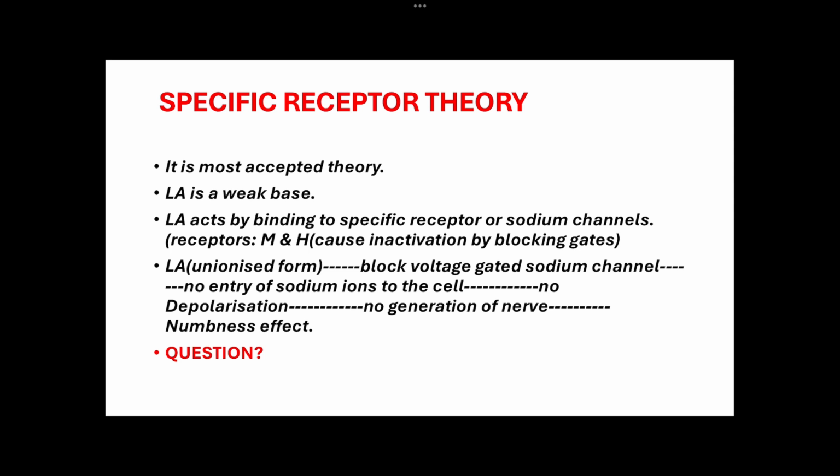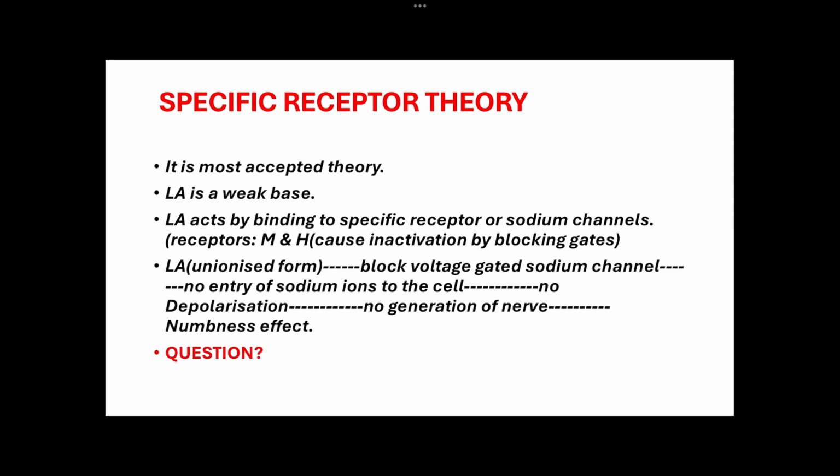LA acts in its unionized form. It blocks the voltage gated sodium channels, so there will be no entry of sodium ions. So there will be no depolarization and no generation of nerve impulse. Since there is no generation of nerve impulse, there will be a numbness effect.